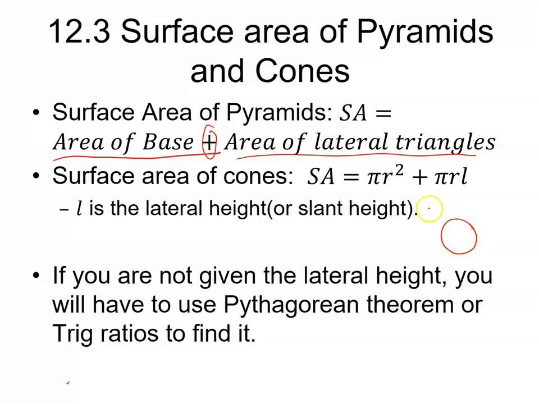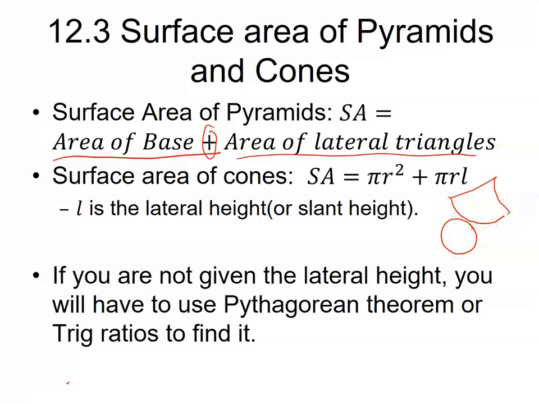You have one base. Because that base is circular, you end up with a sector instead of triangles that form that point. And so if you were to cut up a cone and unwrap it, this is what it would look like right here.